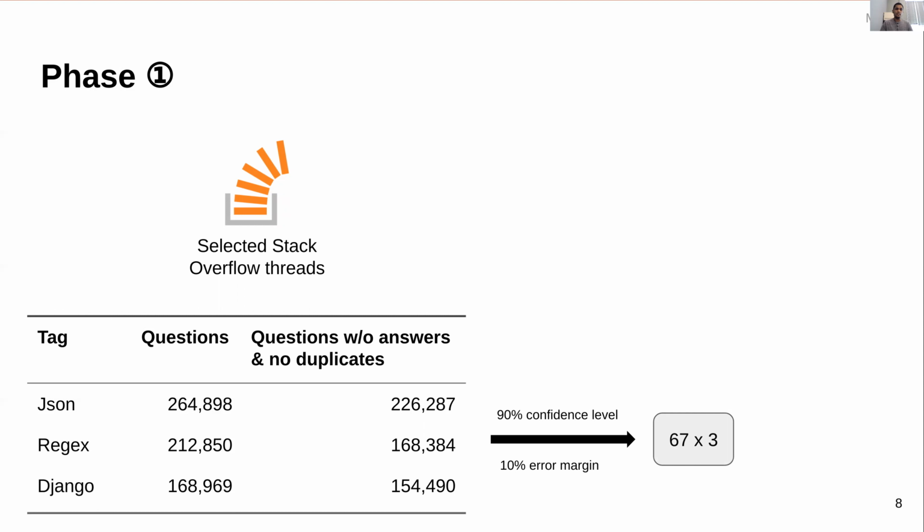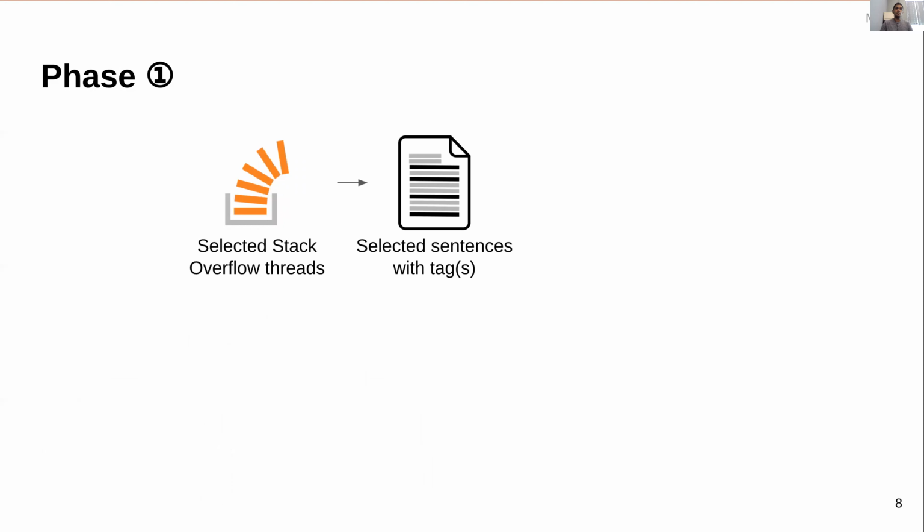Once we randomly select the threads from each tag population, we use a script to filter out the sentences that do not contain any tag. This step is necessary because we didn't want to burden the annotators by asking them to read through a long Stack Overflow thread, which might not even contain any Stack Overflow tag.